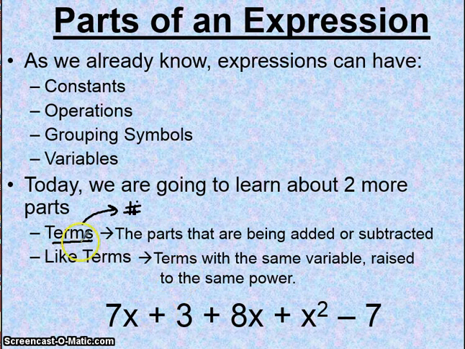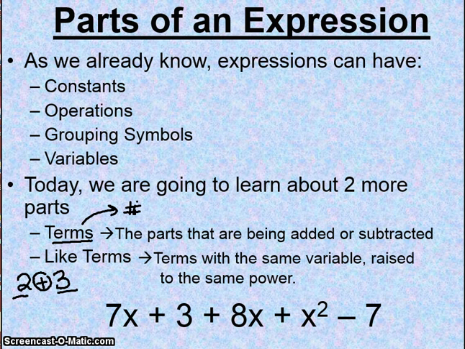Now, to figure out the number of terms, you cannot just count the add and subtract signs. Because think about it: 2 plus 3, very basic expression. It has one addition symbol, but it actually has two pieces being added.